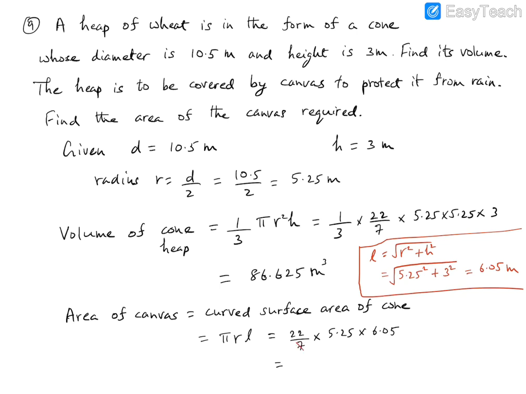We can do some simplification. This 7 will go into 5.25, 0.75 times: 7 5s are 35, 7 7s are 49, the remainder is 3.